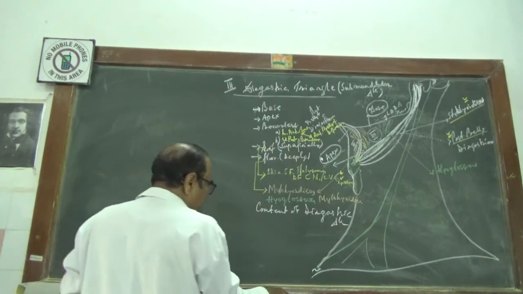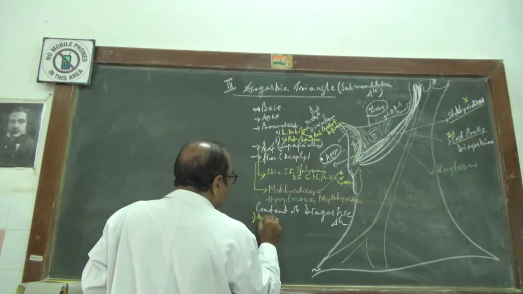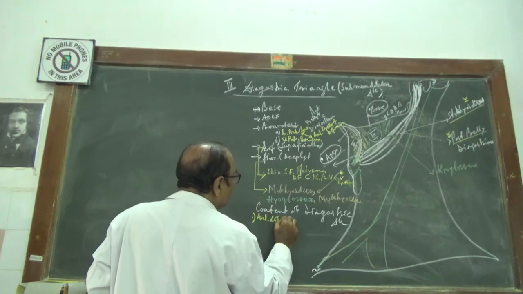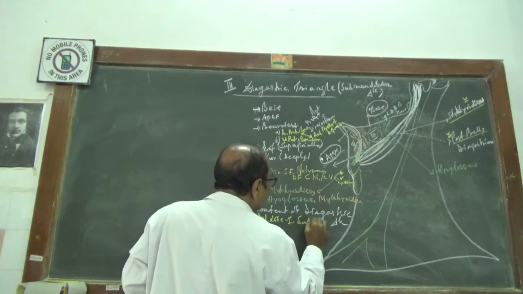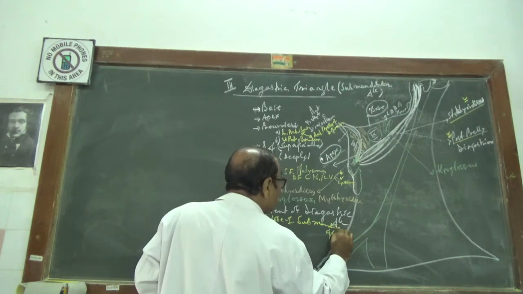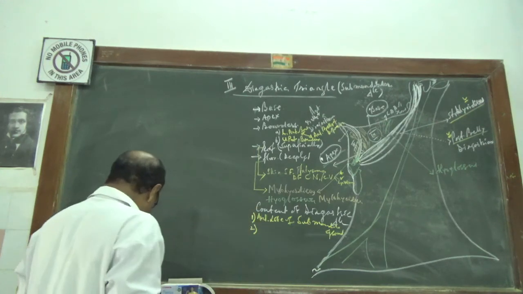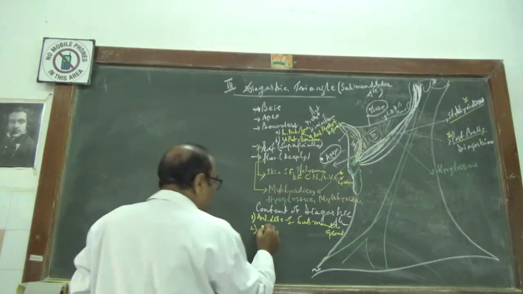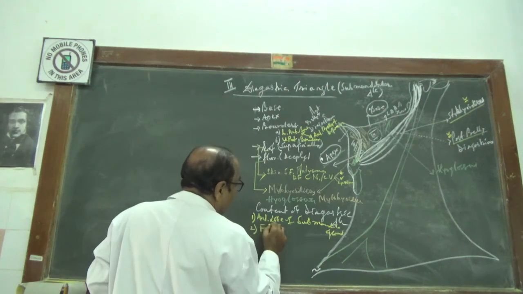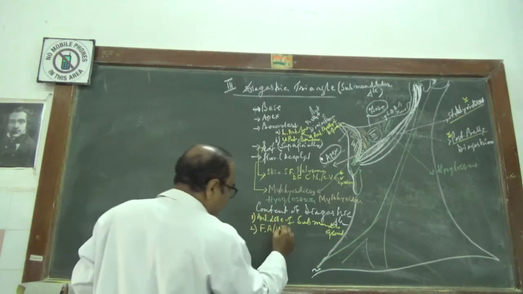Number one, you will have the anterior lobe of the submandibular gland. This is the first one. Then you have the facial artery, and the facial vein.